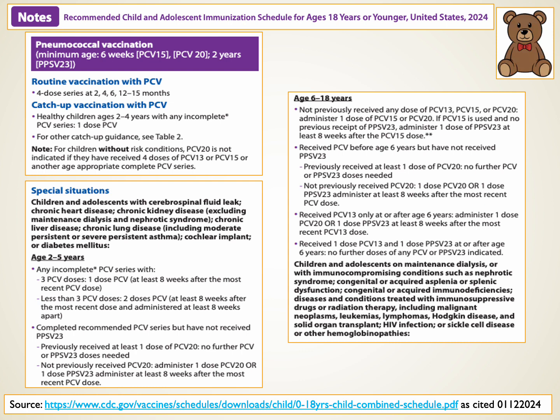Again, in children, this is the specifics for the pneumococcal vaccine. This is data for age, the 4-dose series at 2, 4, 6, and 12 to 15 months. And then there are special situations in the age of 2 to 5 and age 6 and beyond.